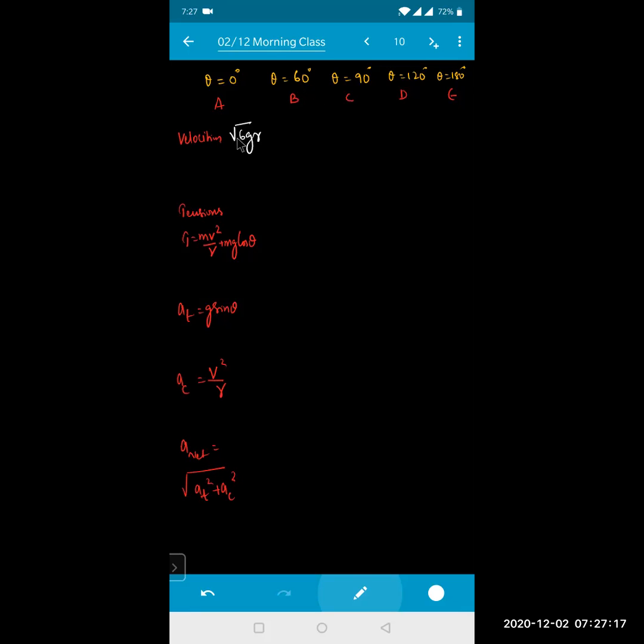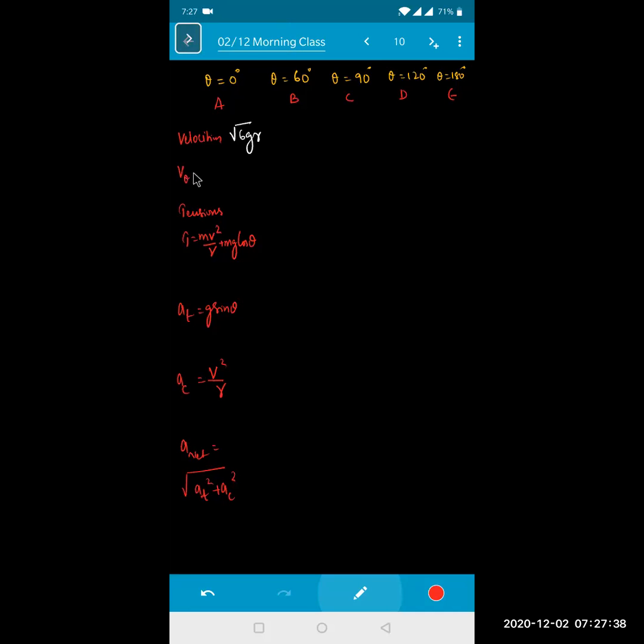What is the formula I told you right now? Velocity at that given condition, at any position, I can calculate by the standard formula for any angle theta. I don't have time to write the formula there, I'll write it here with the red pen, it will be more convenient.